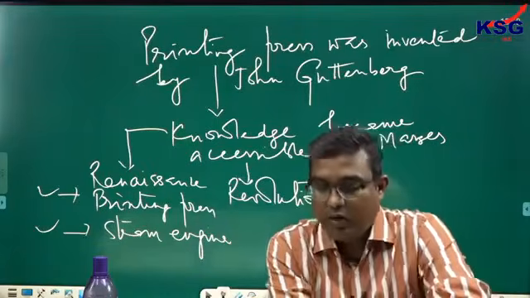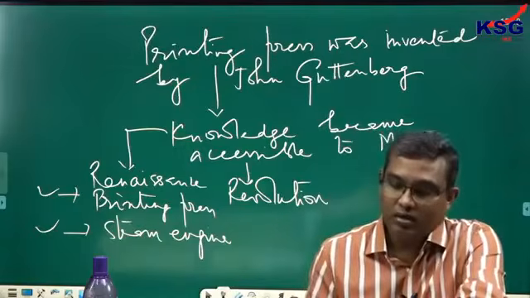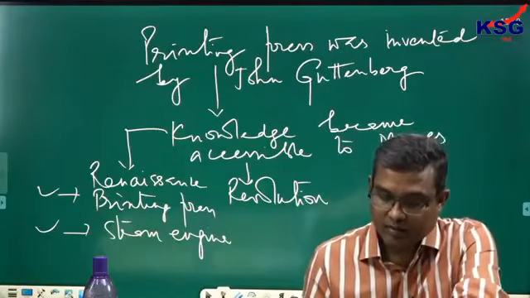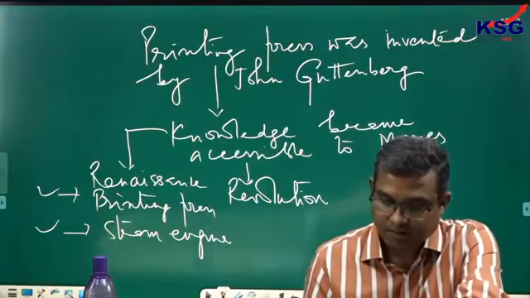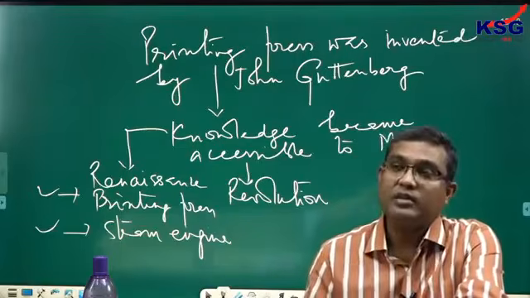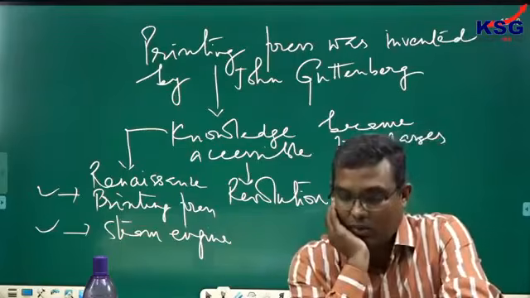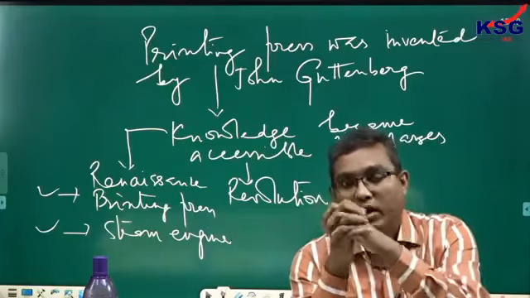Then comes electronic media. Electronic media includes radio and televisions. Due to the advent of globalization, there is an increase in privately owned radio stations, breaking the monopoly of All India Radio.